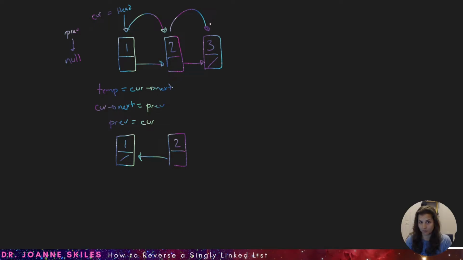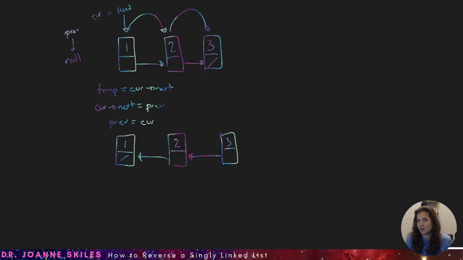So going back to our list, our temp is going to equal our current's next. In this case, that means it's going to equal null. Our current's next is now going to be set to our previous. Our previous was 2. So 3's next goes to 2. And our previous is equal to current. So in this case, our previous becomes 3.